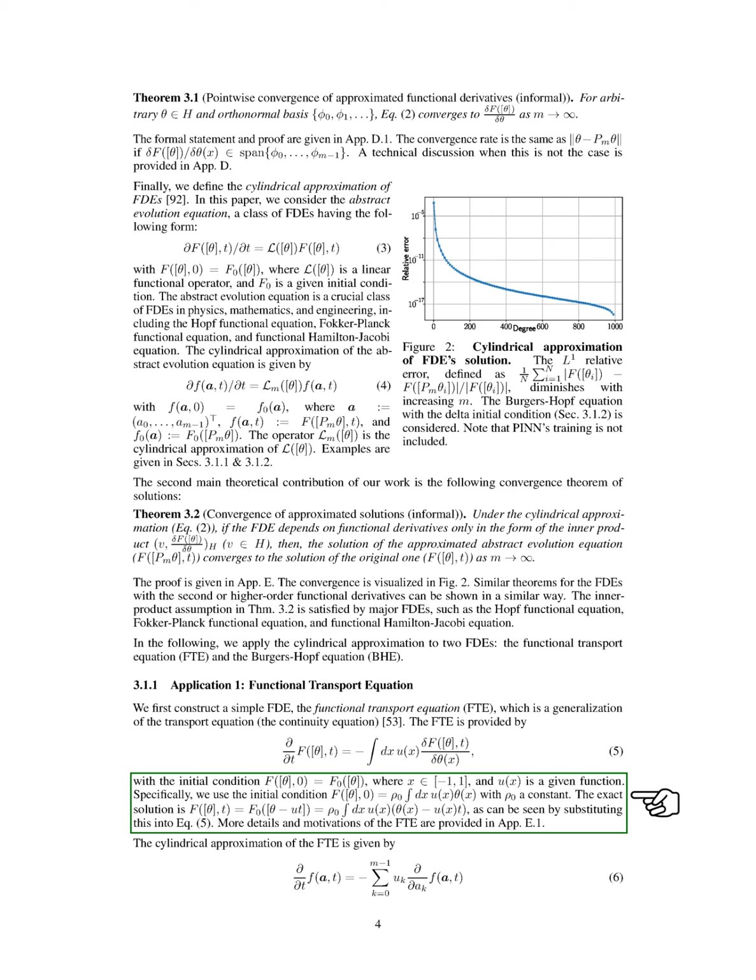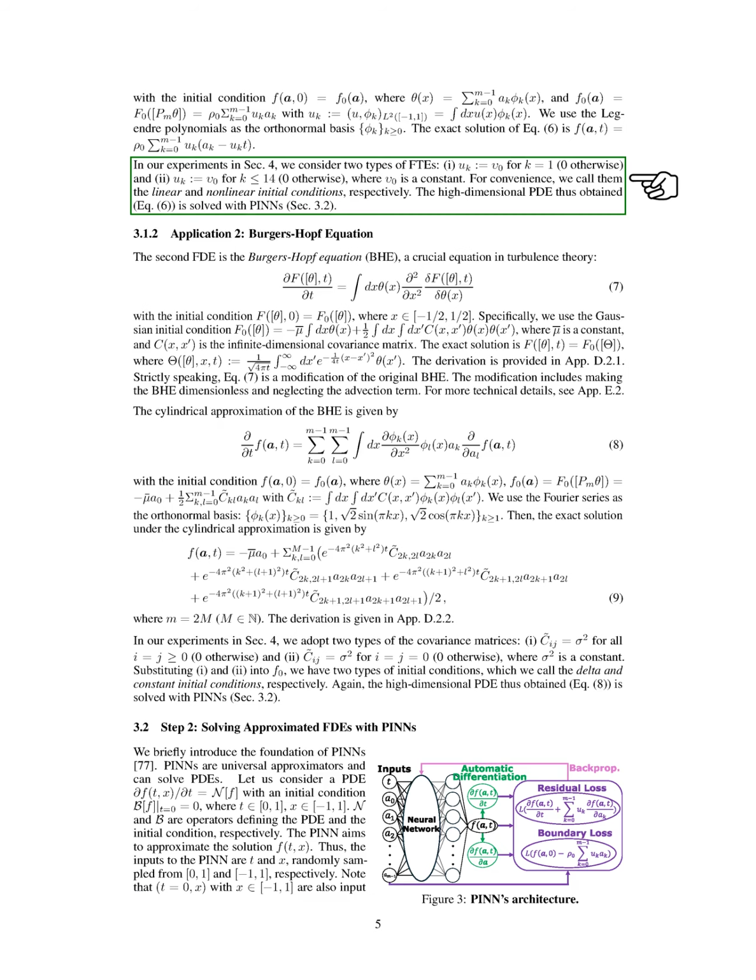Moving on to our second functional differential equation, we examine the Burgers-Hopf equation, BHE, which is significant in turbulence theory. The initial condition for the BHE is similar, with f of theta at time 0 equal to f_0 of theta, where theta is defined over the interval from -1/2 to 1/2.